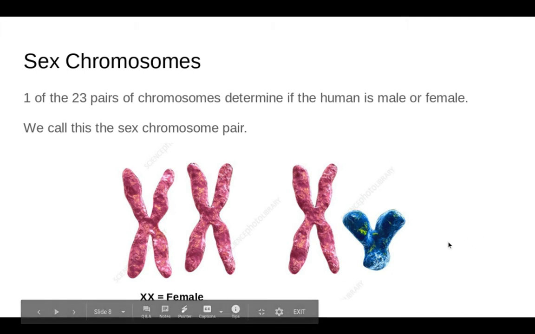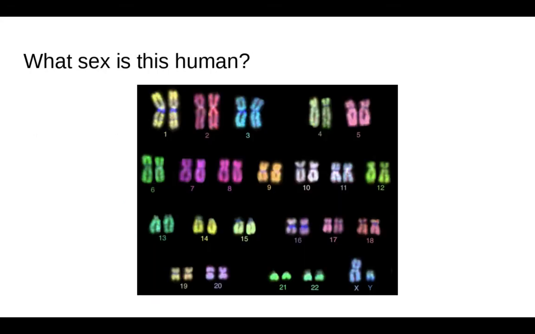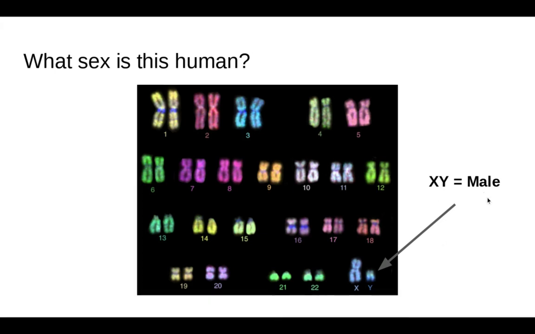And this one we call XY because one of the chromosomes is a little bit shorter, is for males, okay? So XX is female, XY is male. If we go back to our chromosomes, what sex is this human, male or female? That's right, male. This is the sex chromosome here, XY, and XY is male, okay?